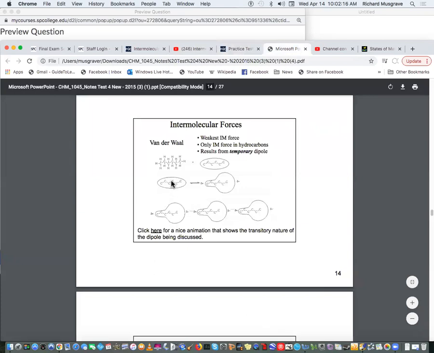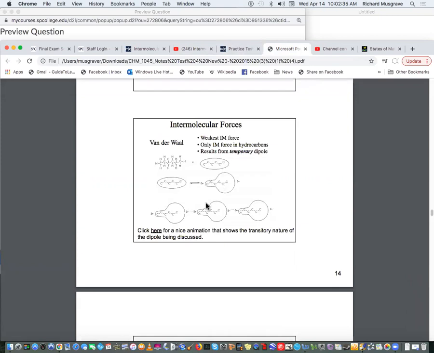What I'm looking at here is the electron cloud representing the CH bonds, and in that other diagram is an animation where the electrons can move from one side to the other. This creates a very temporary dipole.